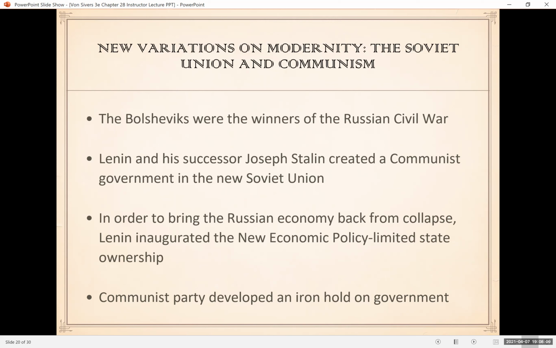But they will fight a horribly bloody civil war that will eventually be won by the Bolsheviks. Meanwhile, World War I has ended in 1918, and the Allies kind of withdraw their support for the White Russians, and that's it for the White Russians.